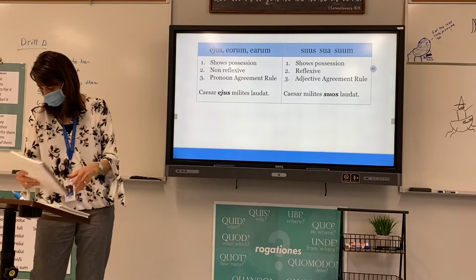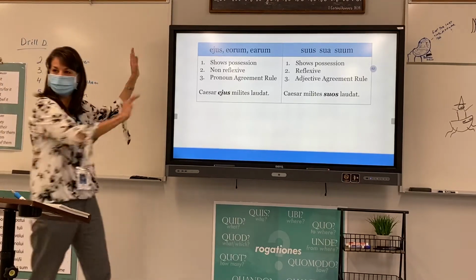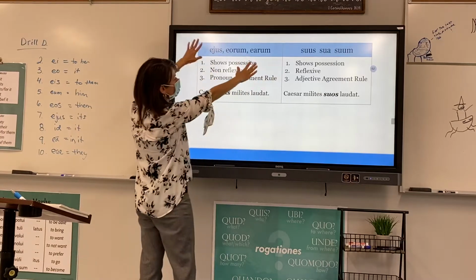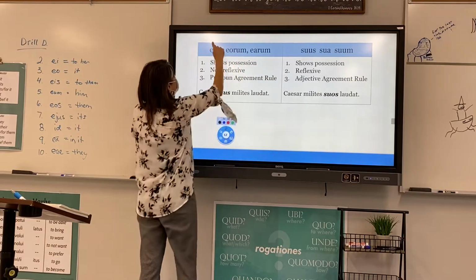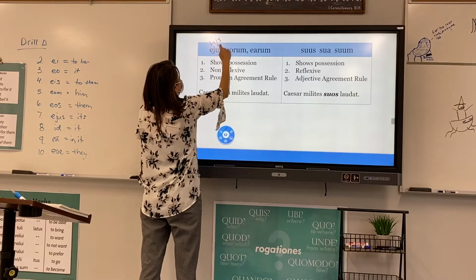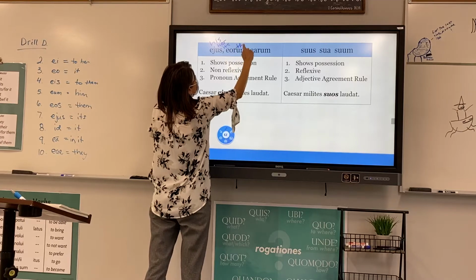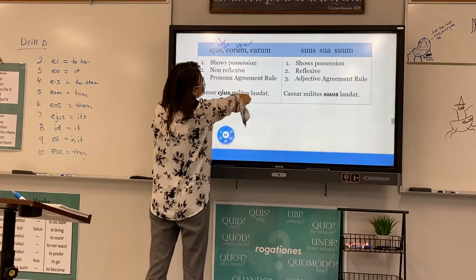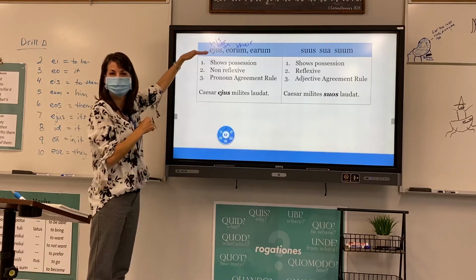So here are my two different ones. I've got my eius, eorum, or earum, and this is like his, her, its, and this is their. This one shows possession.